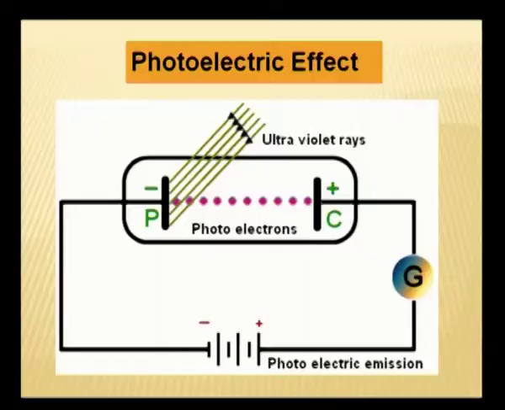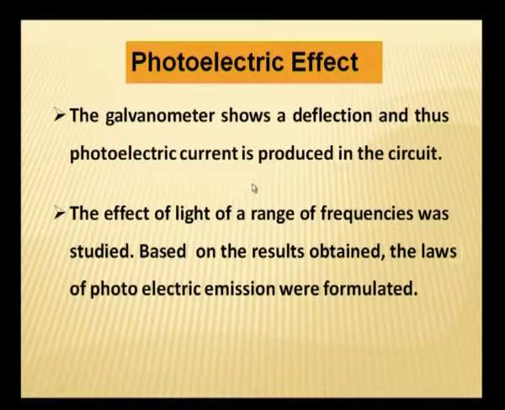What is current? Current is nothing but the flow of electrons, and so you get electrons coming out of the metal plate. So, current will flow. The photoelectric current will be produced whenever an ultraviolet beam is incident on metals. You can have any metal. So, the galvanometer shows a deflection and thus photoelectric current is produced within the circuit.